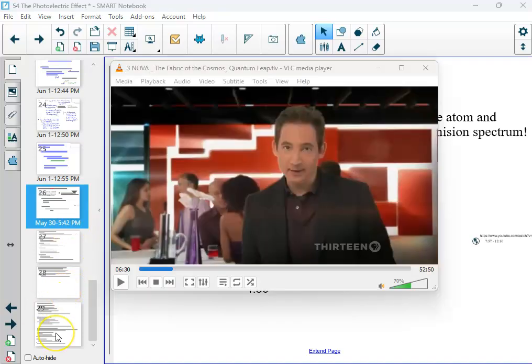I'll get it loaded. All right, so this is part of a NOVA presentation that was on PBS, I think it was. You can Google it. It's called The Fabric of the Cosmos, and it's Brian Greene, the author of the book. One of the books. I think it was the book we read from. Anyways, I'm just going to play it here. I'm going to turn my mic off so that you can hear just the computer audio.